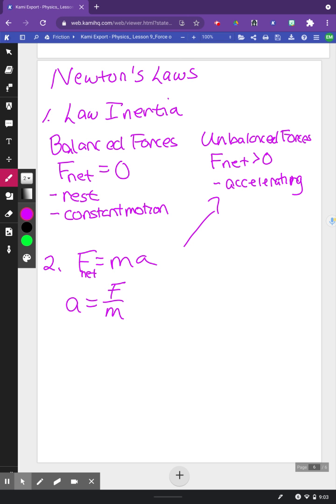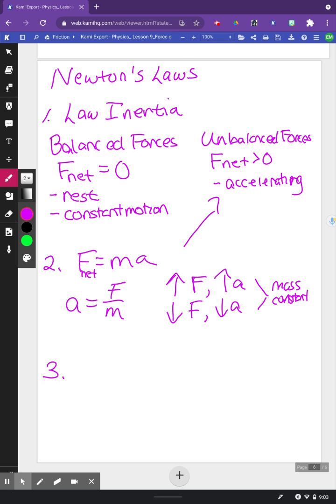How this can be interpreted is when an object undergoes a greater force, the acceleration is also going to increase. If we decrease the force on an object, or the F net, that object will also experience a decrease in its acceleration. That's assuming that mass is constant. We don't change the object at all, and that typically happens.